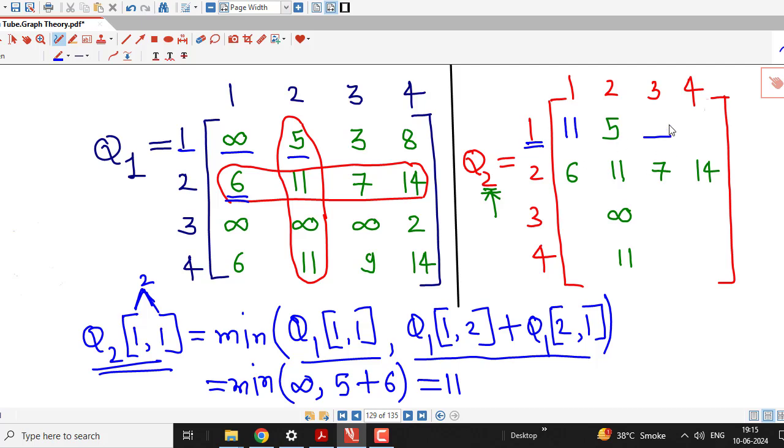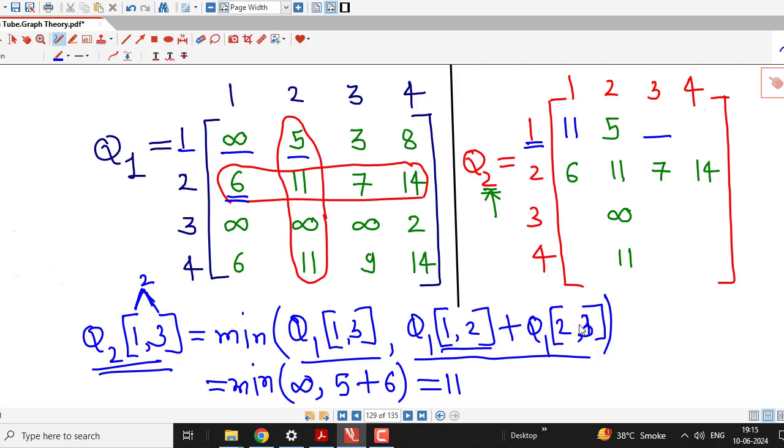Now suppose we are interested in q2 of 1 3, so what will be the change here? Here I write q1 of 1 3, then I will go from 1 to 2, which I have written here, and from 2 to 3.